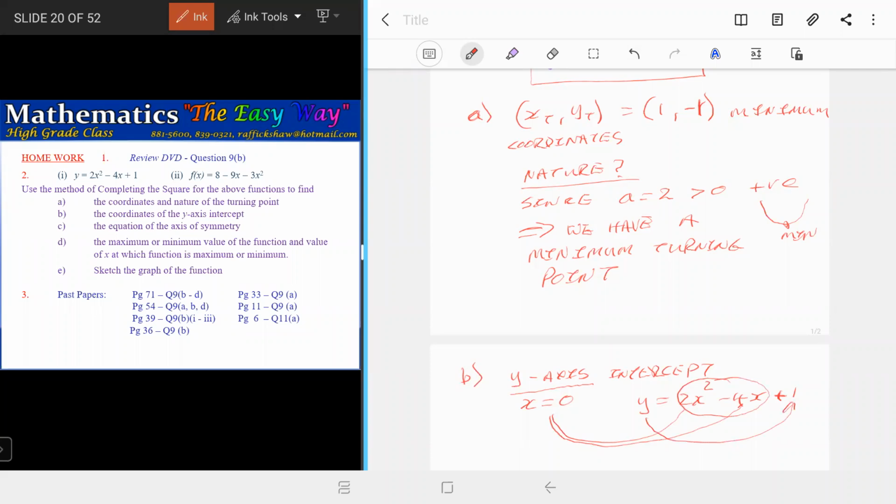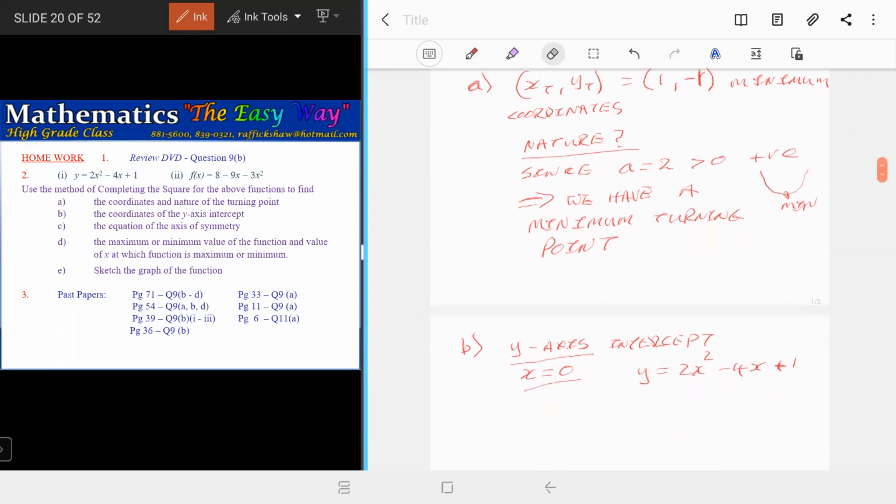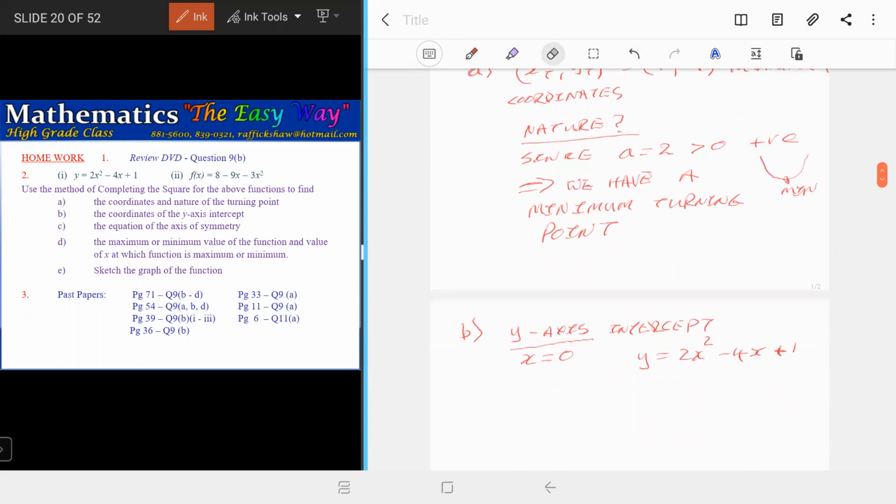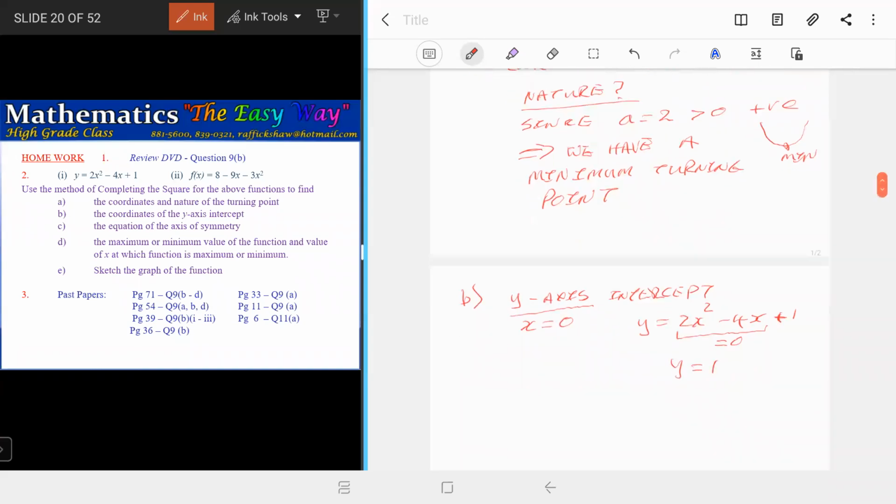So at the y-axis intercept, the x value is 0 and the y value is 1. That's why the point is 0, 1, where y becomes 1, which is the C value.